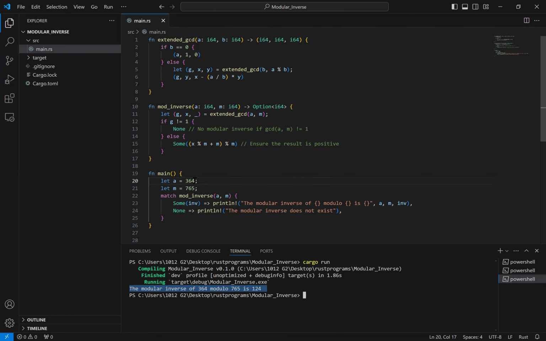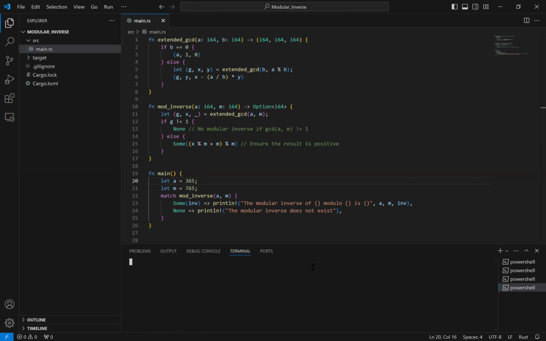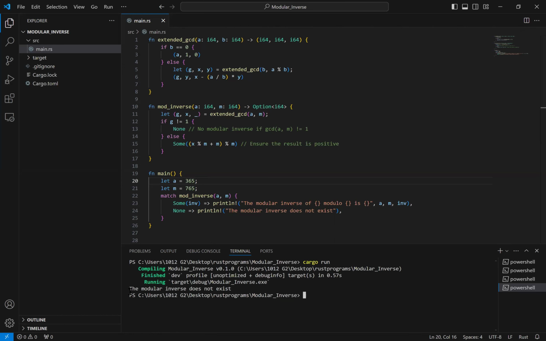I said those two numbers should be relatively prime. Let's try a number that's not relatively prime. Let's try 365 and see if it will give us an inverse, because they're not relatively prime. If it gives us one, that means this has not been well done. Okay, it discovered those numbers are not relatively prime.